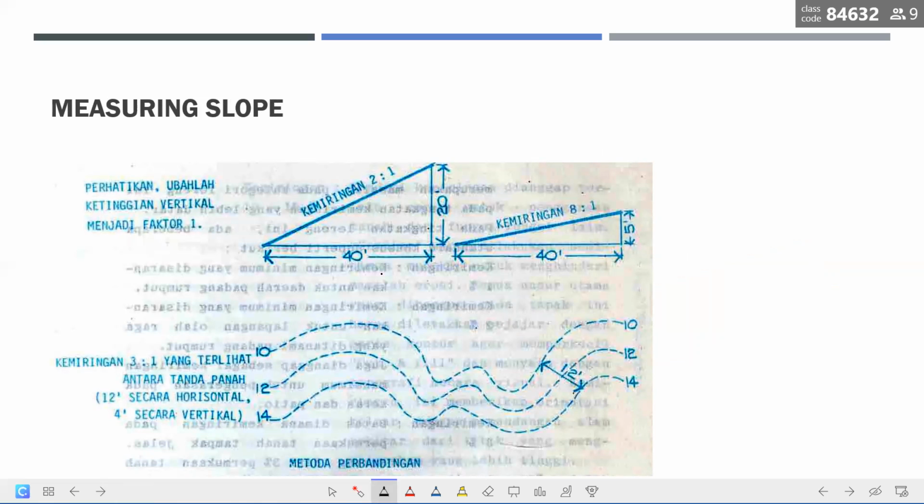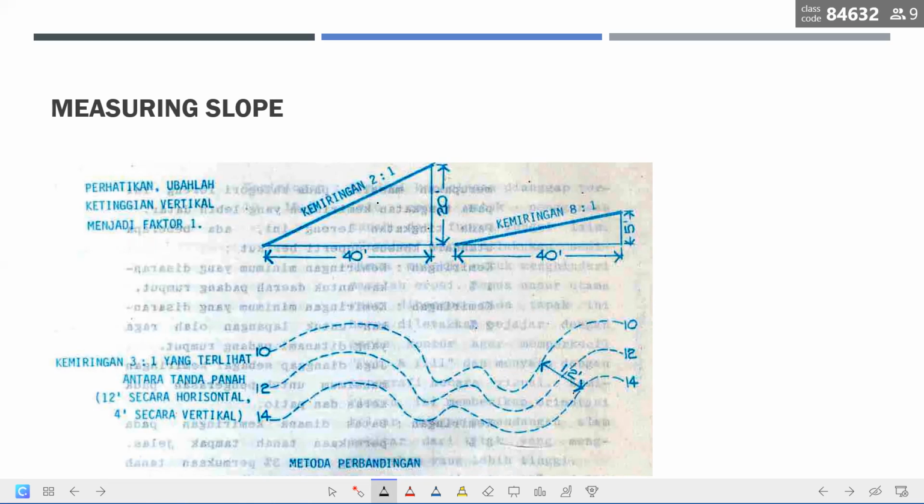So one of the purposes of grading is to modify the landforms, thus modifying the slope or the grade.